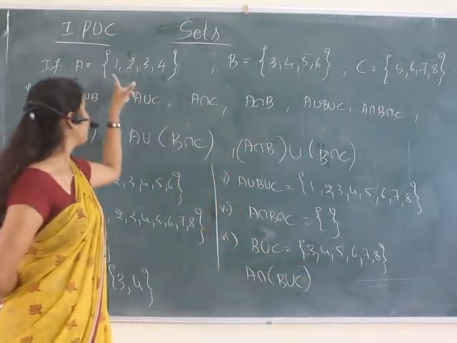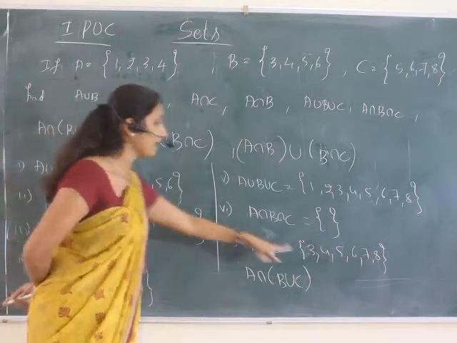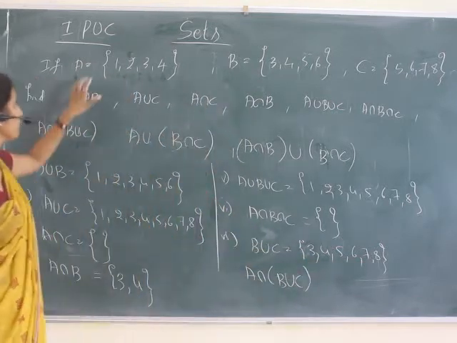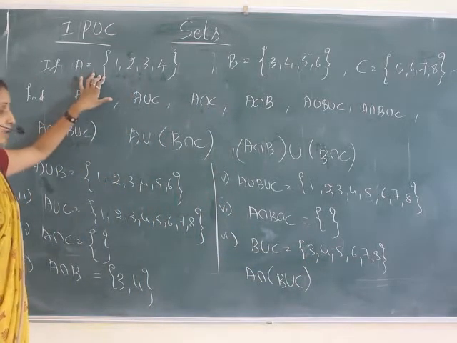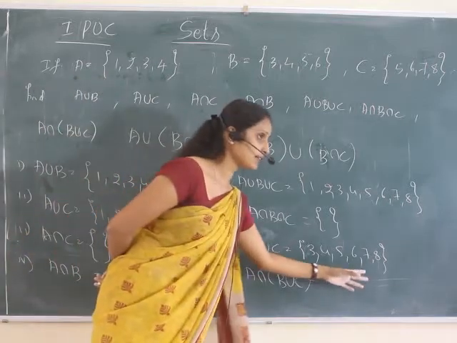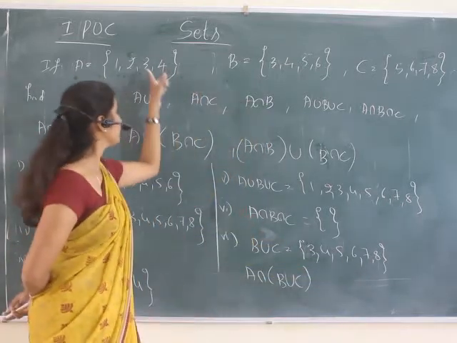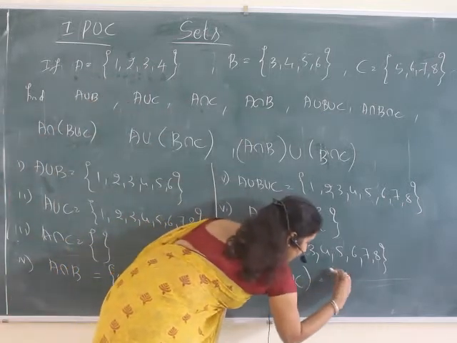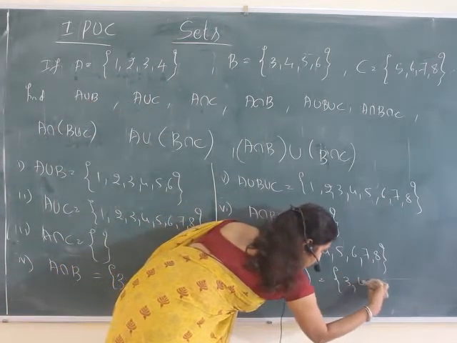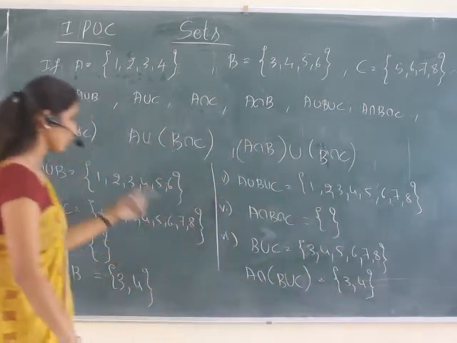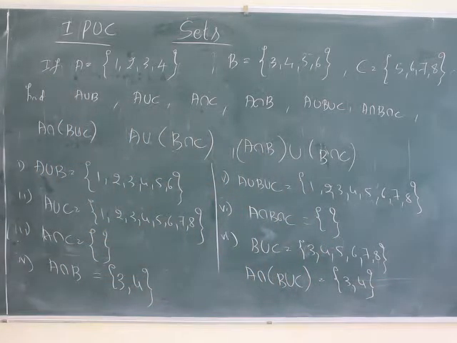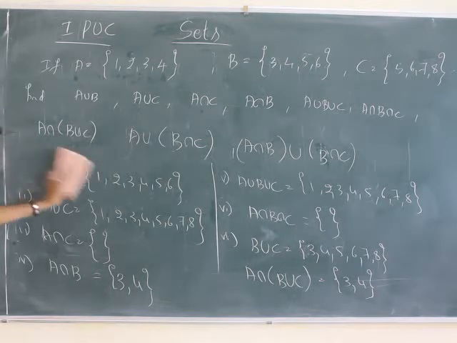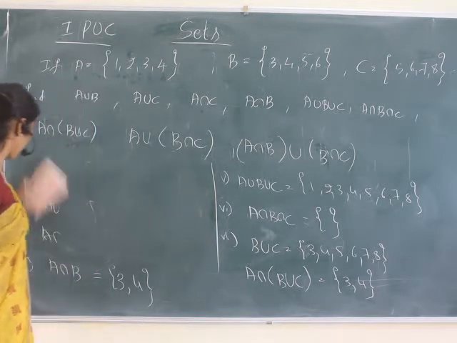The common elements between these two are 3 and 4. So this is the sixth one, where we calculated A intersection (B union C).